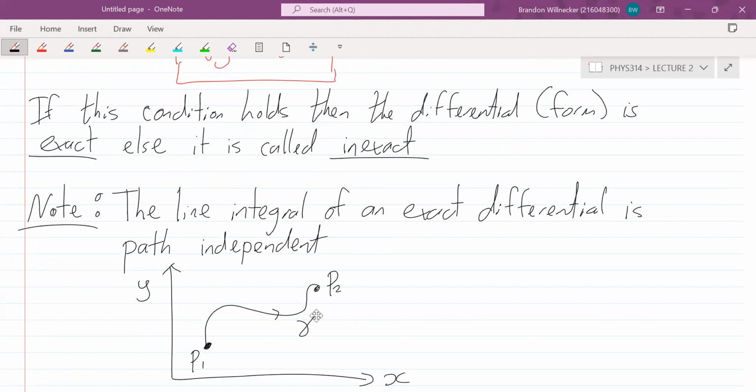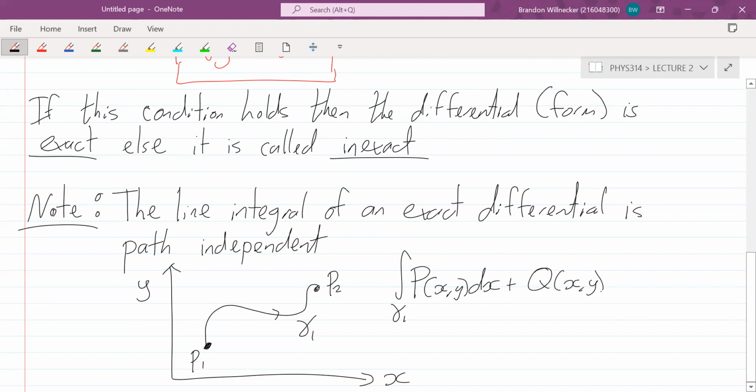Then, given some differential that I'm asking you to integrate along gamma, let's say that's gamma 1, then the integral along gamma 1 of P of xy dx plus Q of xy dy is the same as this integral along gamma 2.